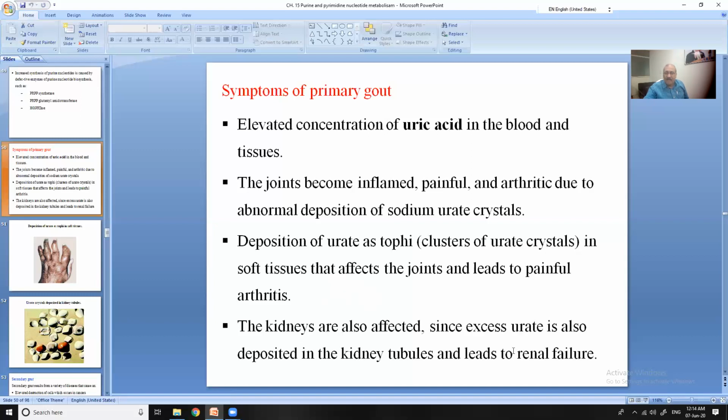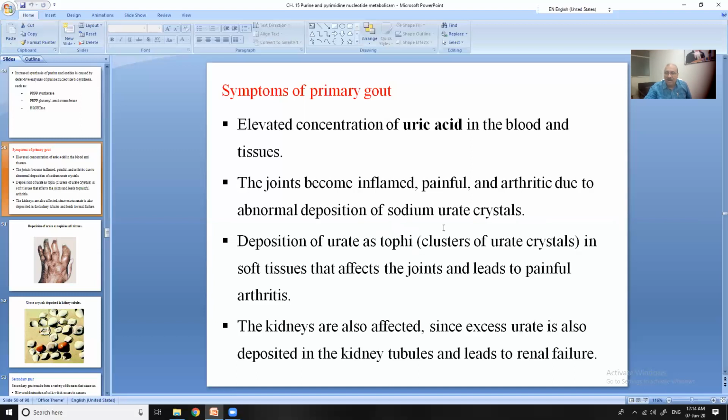The kidneys are also affected since excess urate is also deposited in the kidney tubules and leads to renal failure. Okay. Elevated concentration of uric acid in blood and tissues. Joints are inflamed, painful, and arthritic due to the deposition of sodium urate crystals and deposition of urate as tophi.